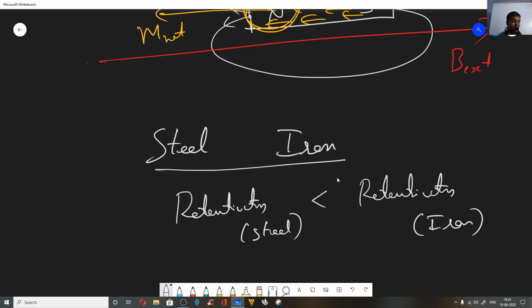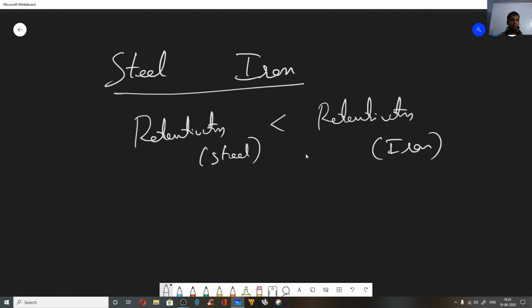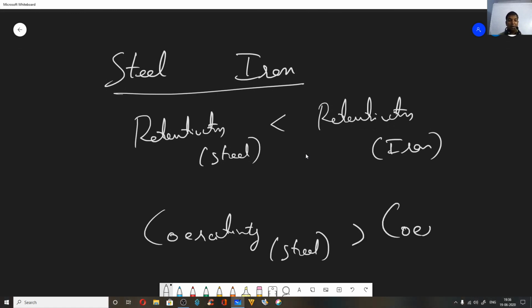And also, if you compare the coercivity, the coercivity of steel will be greater than the coercivity of iron. So what is your best choice?